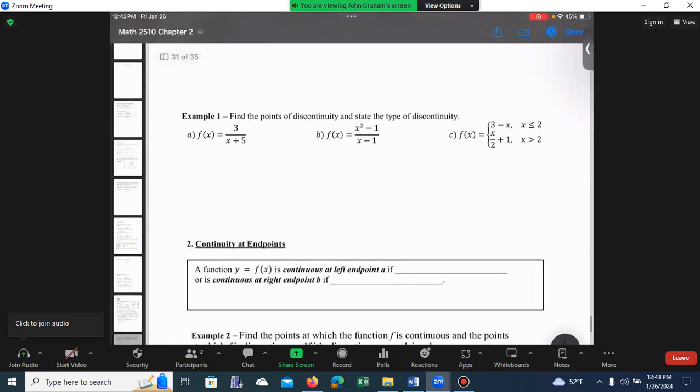Alright, let's look through some examples. First, f of x equals 3 over x plus 5. So x cannot equal negative 5. Negative 5 is not in the domain, so that's going to be a point of discontinuity.